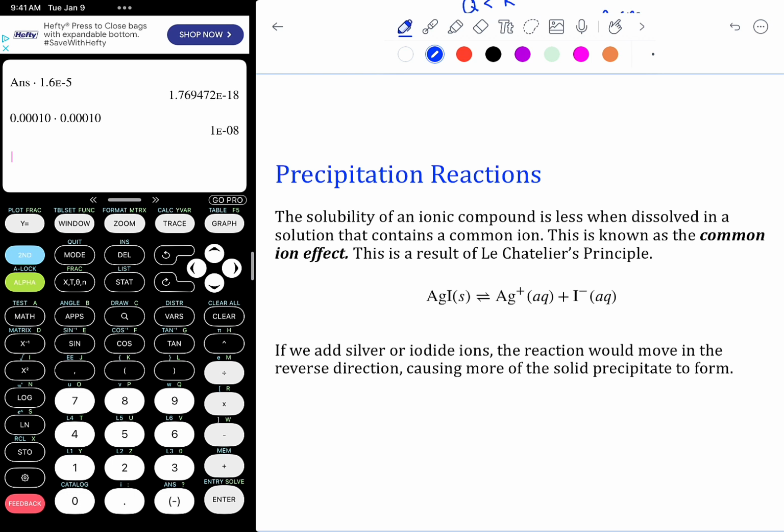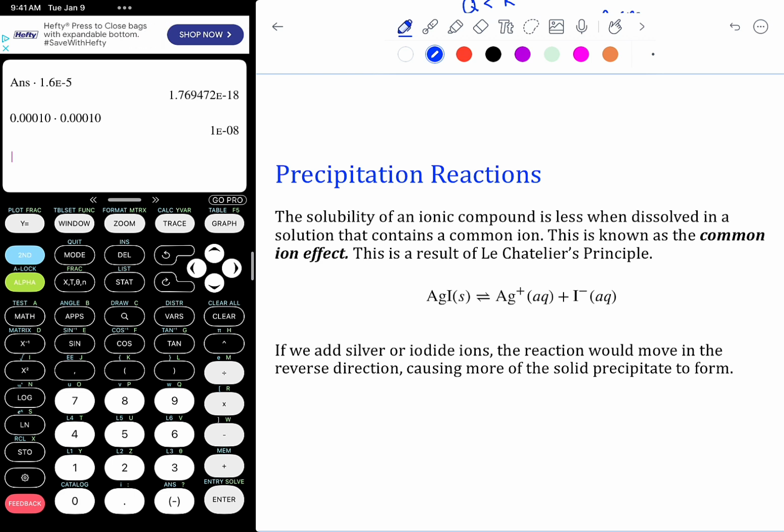But because the common ion effect is something that applies to all equilibria because of Le Chatelier's principle, it also applies to precipitation reactions or solubility equilibria because we're still adding in ions. There are still ions that are creating that equilibrium. So, the solubility of an ionic compound is less when dissolved in a solution that contains a common ion.